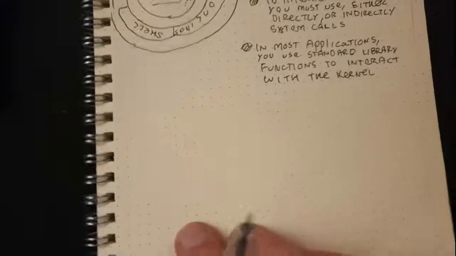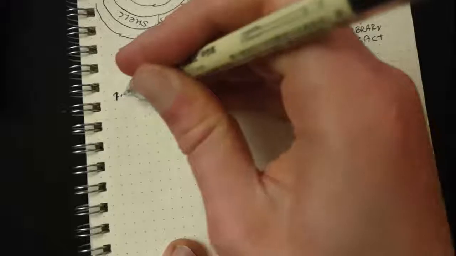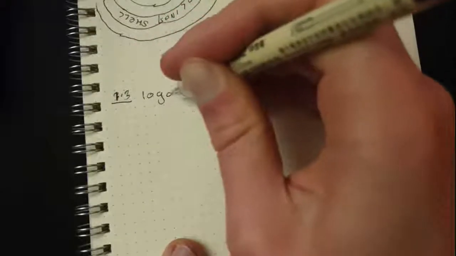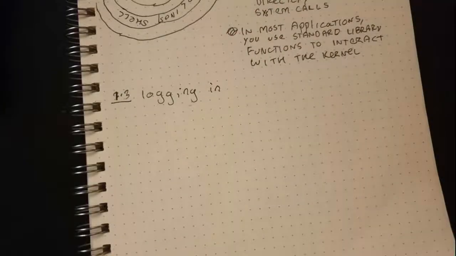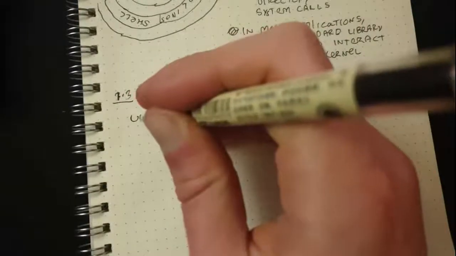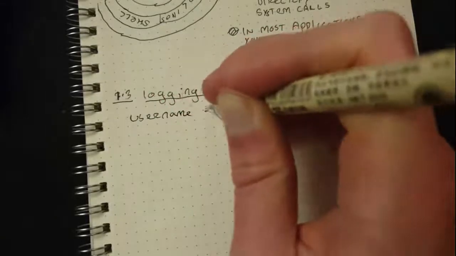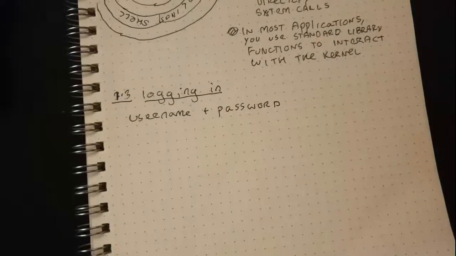Now, the next thing the book talks about is logging in. 1.3, logging in. And basically it says when you log in, you use a username and password. And the main information about the person is in the password file.